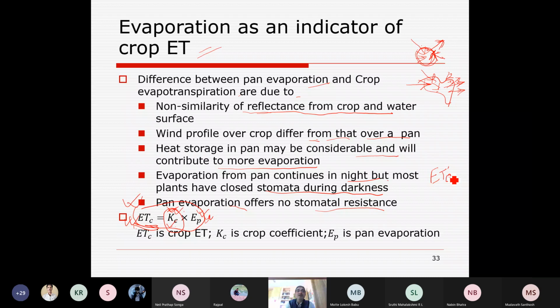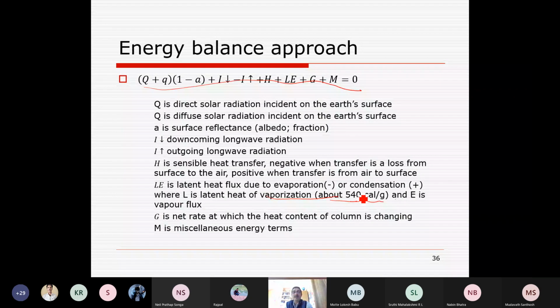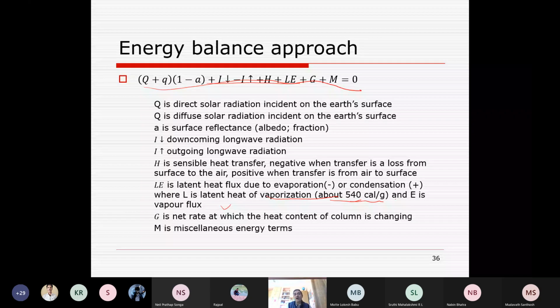Then we can make a kind of energy balance approach to find out how much water is lost from the system as evaporation and transpiration. So combined it is called evapotranspiration. The latent heat of vaporization is 540 calorie per gram, and there is the vapor flux. I am not going into detail in this energy balance, but simply understand that we can use it to find out the evapotranspiration of a particular crop in a particular area.